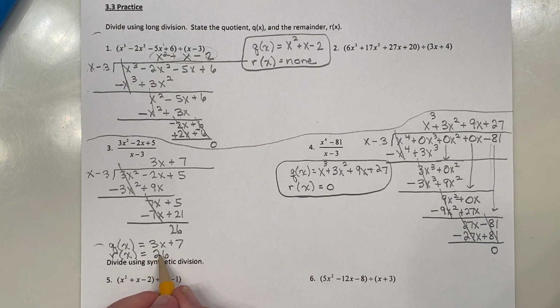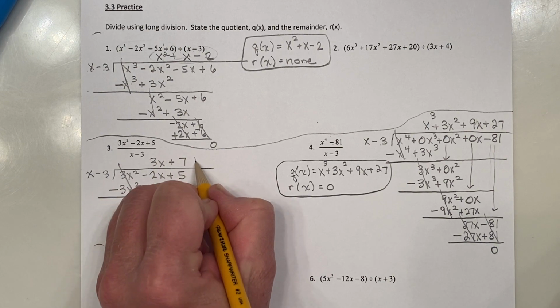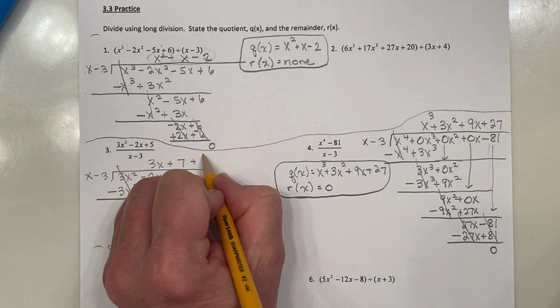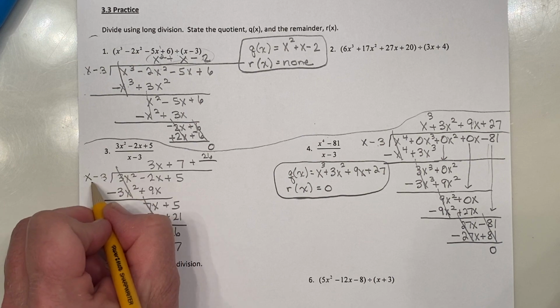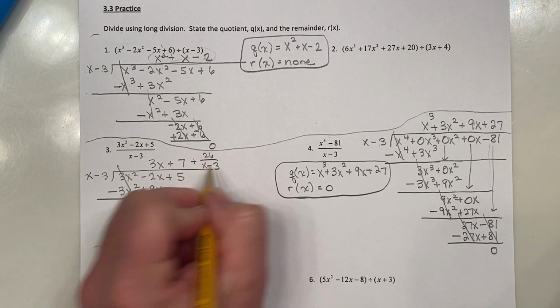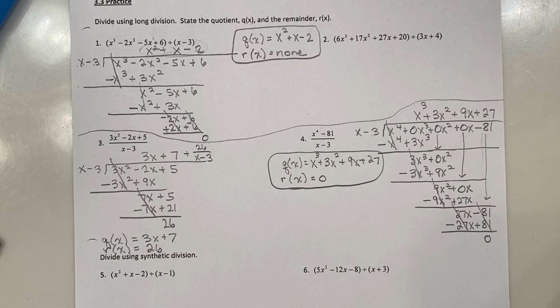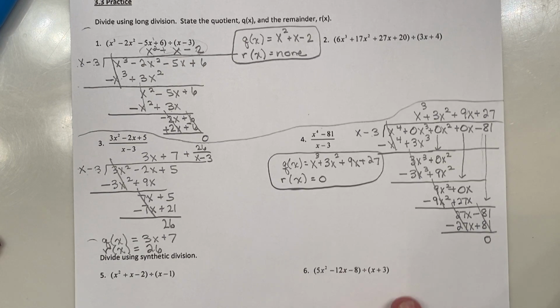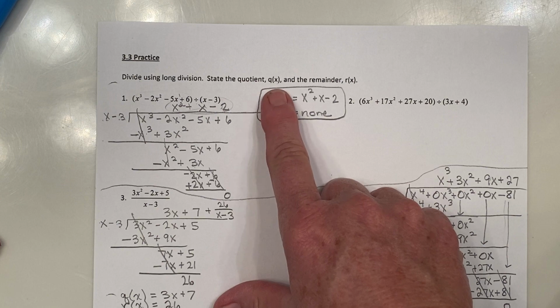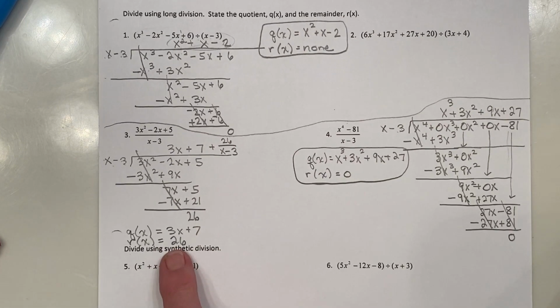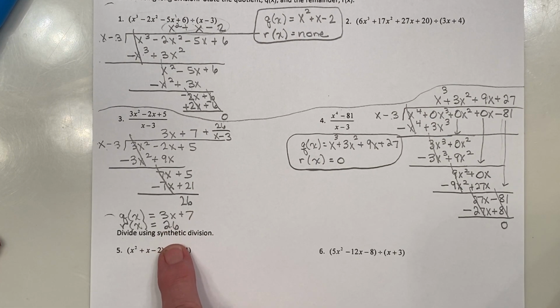Another way to write this, if you wanted to, is to come back up here to the quotient and say plus the remainder of 26 all over the divisor x minus 3. So it really depends upon how the question's being asked of you as to how you should present your answer. And here we were asked to state the quotient and state the remainder. So that's why I did it this way.